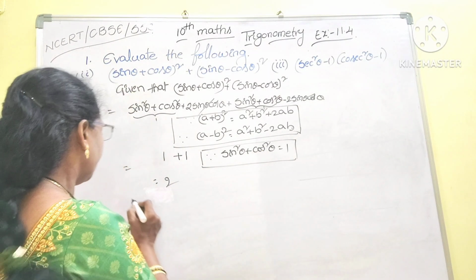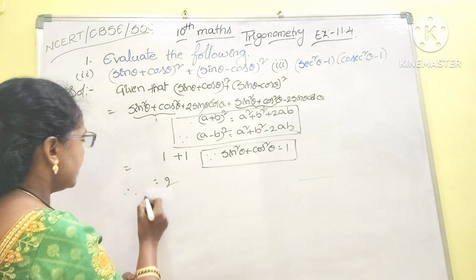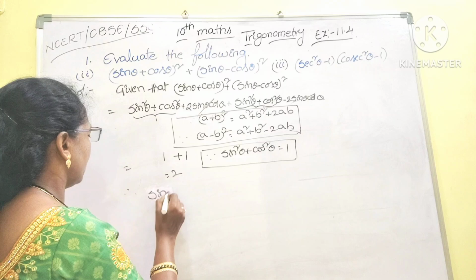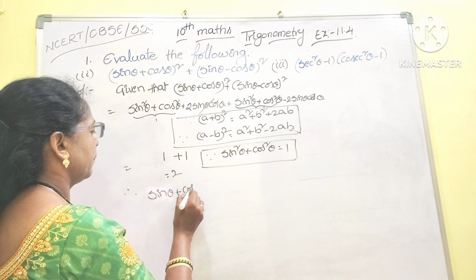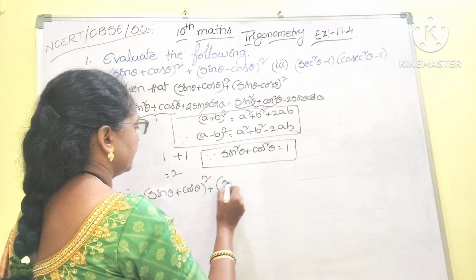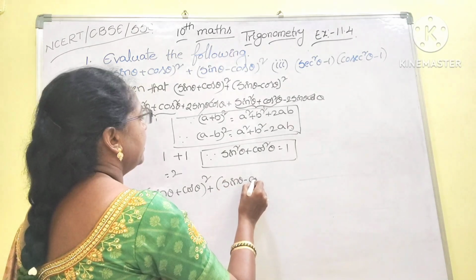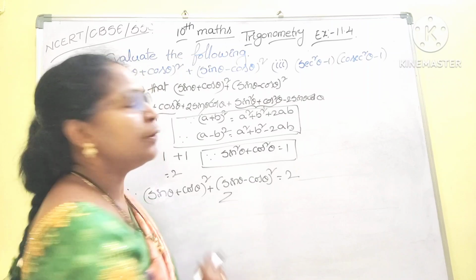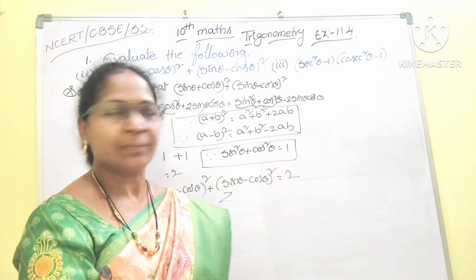The answer is 2. Therefore, sin theta plus cos theta whole square plus sin theta minus cos theta whole square equal to 2. That is the final answer.